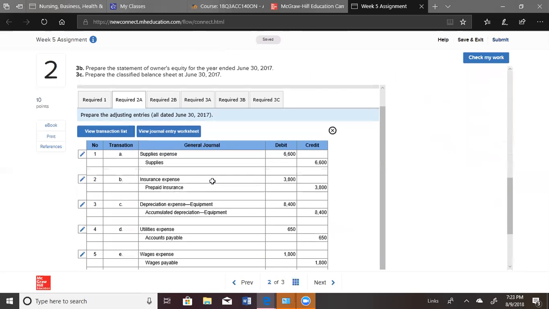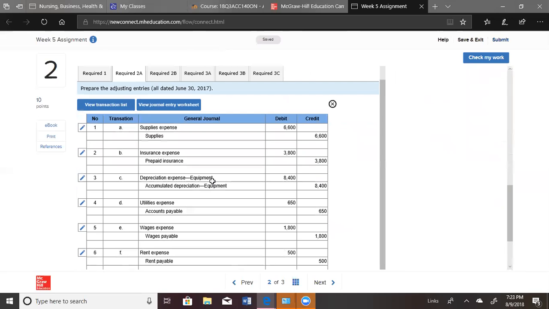But I want to see you do it so I can make sure. Okay. So $8,400 for the depreciation of equipment is a debit. So that would be under debit. Yep. Depreciation expense is 8,400. I'm writing that down. All right.